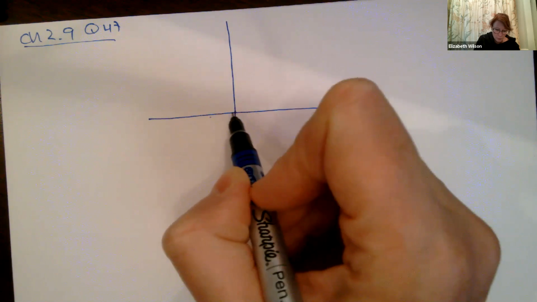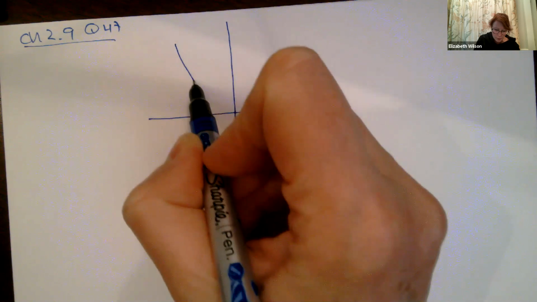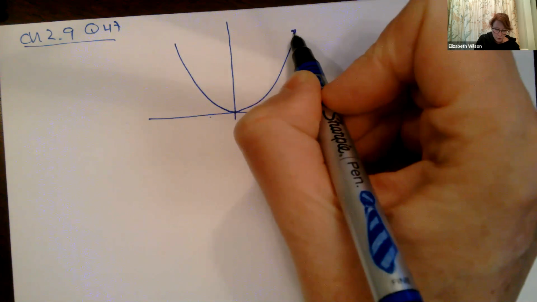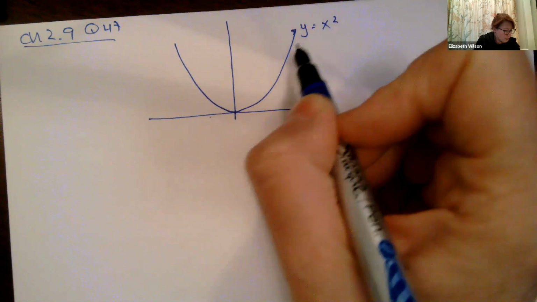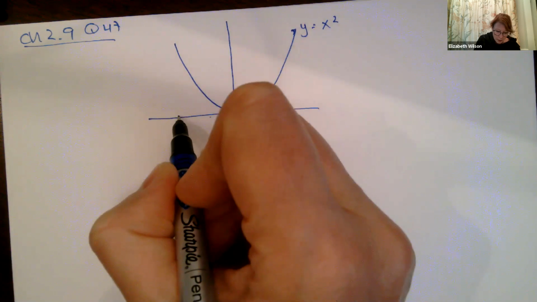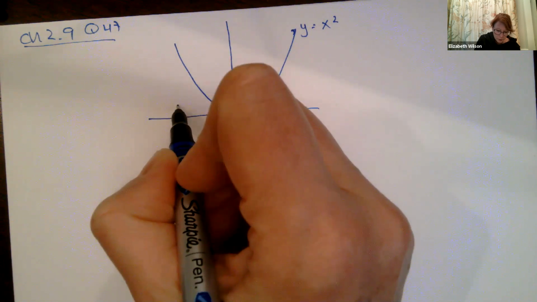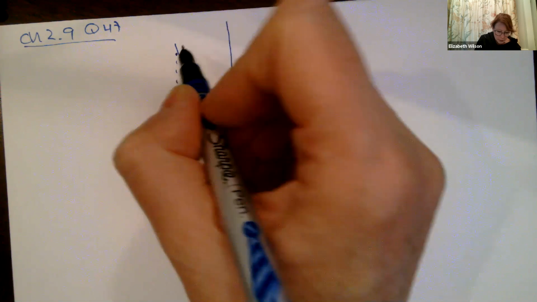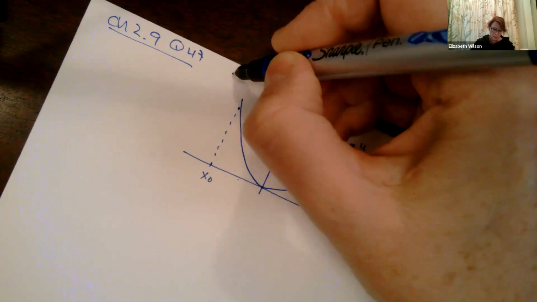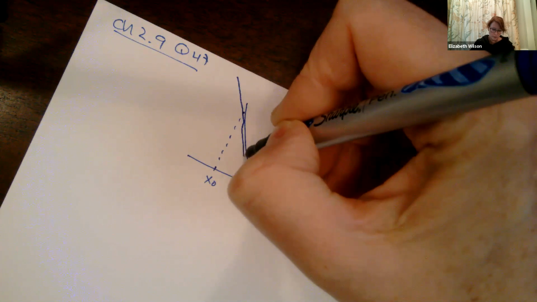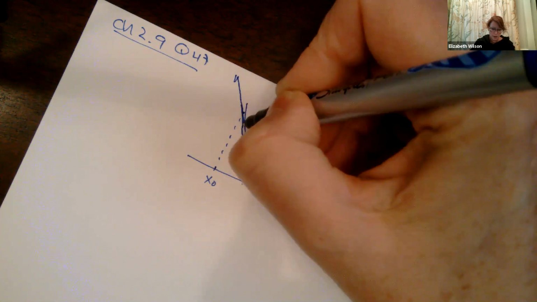So we've got this y equals x squared parabola. We've got x naught happening here. We've got the tangent line, which cuts down right here at our x naught.